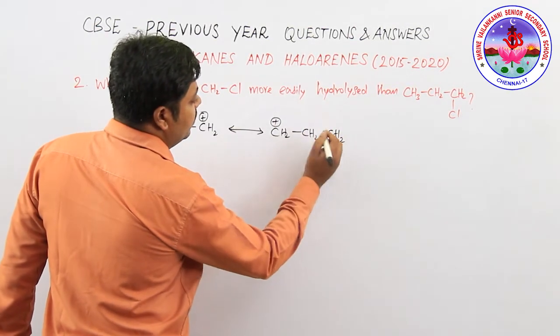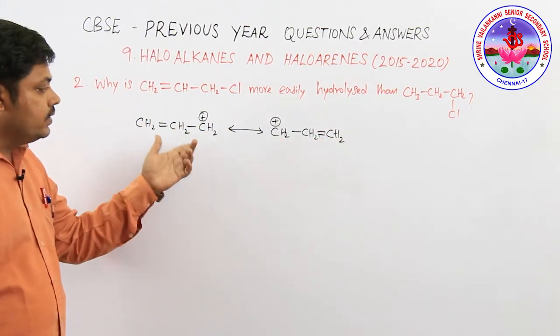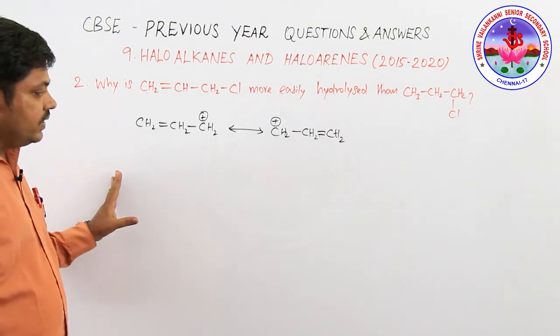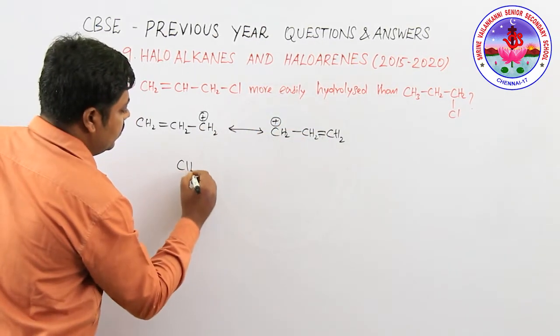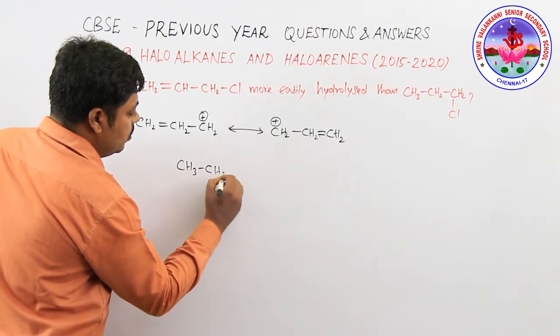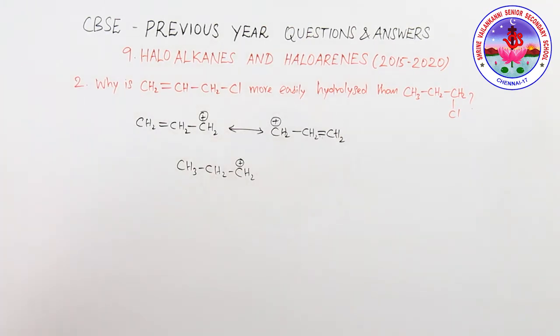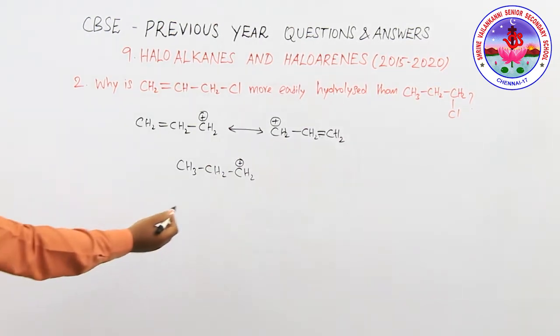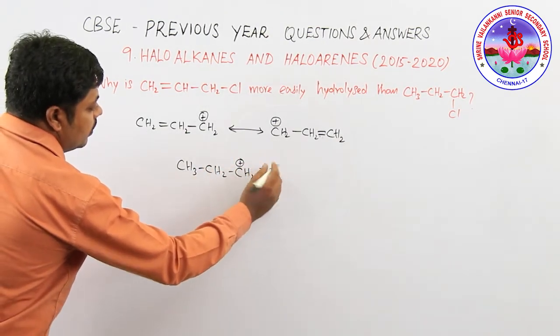So the allyl carbocation is stabilized by resonance, more than the CH3CH2CH2, that is the propyl carbocation. So the answer you have to write: the allyl carbocation is stabilized by resonance more than the propyl carbocation, which is stabilized only by the inductive effect. Simply you can write it, this is inductive effect.